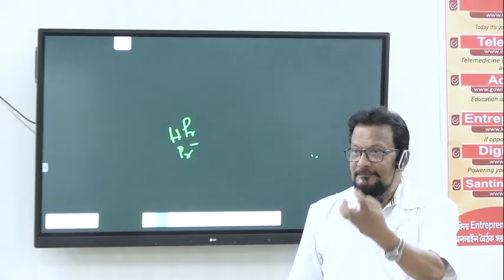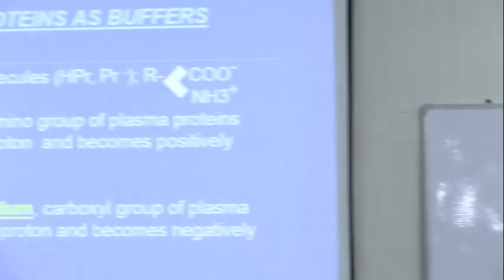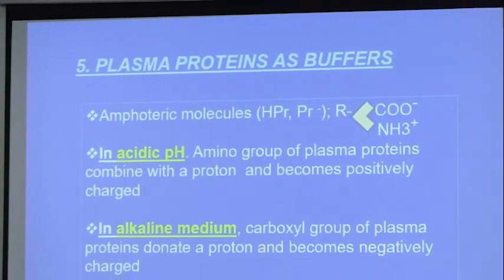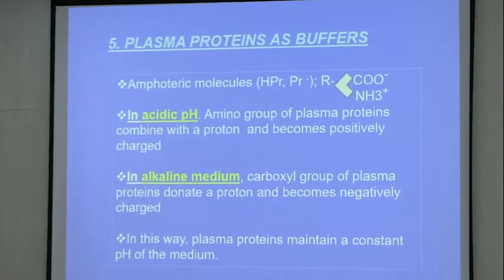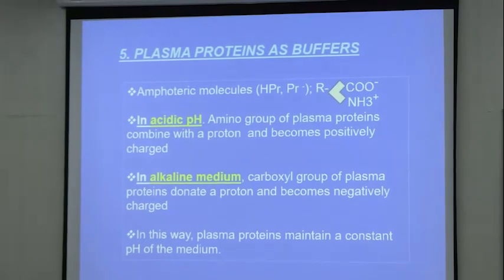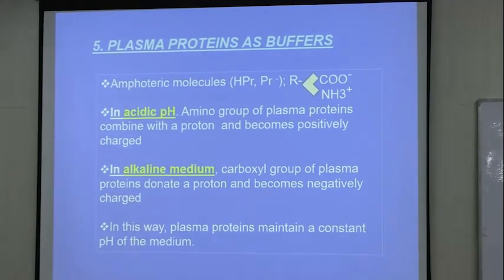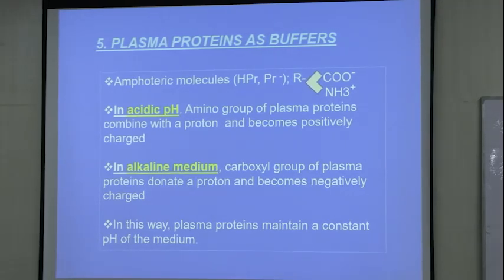But when you add some acid through your food, or your tissues are producing, say, lactic acid, so producing acidic substances and putting them in plasma, that will also be neutralized. How? This amino group will accept those hydrogen ions and neutralize them.